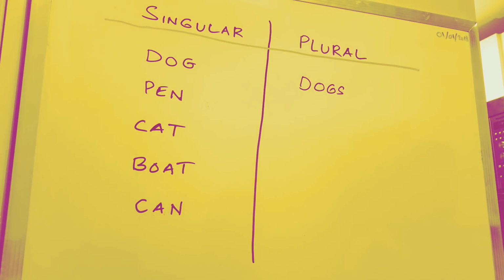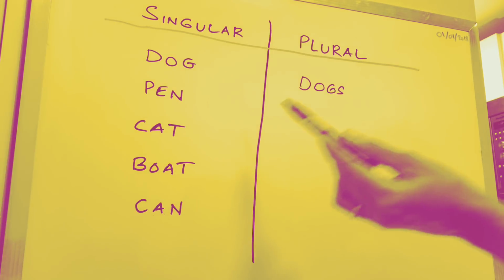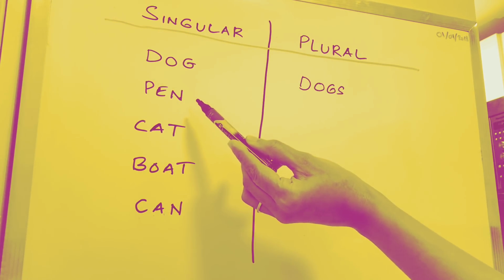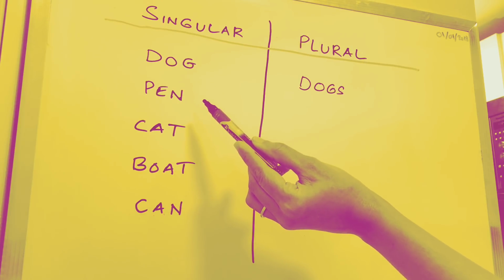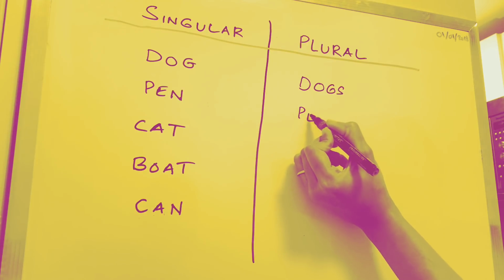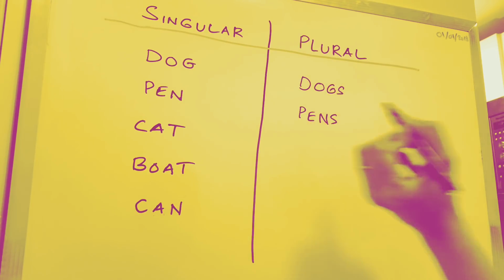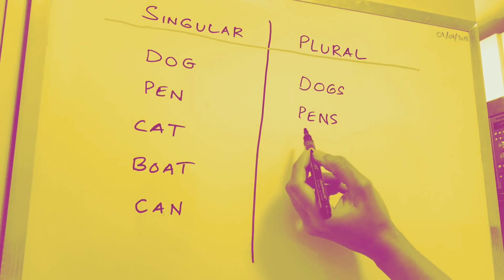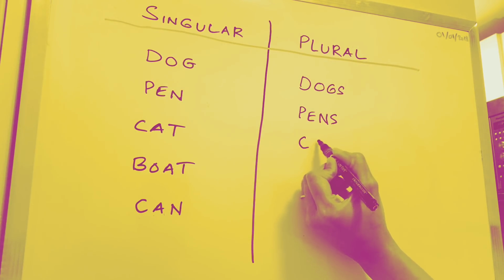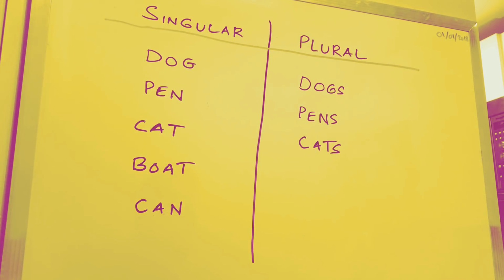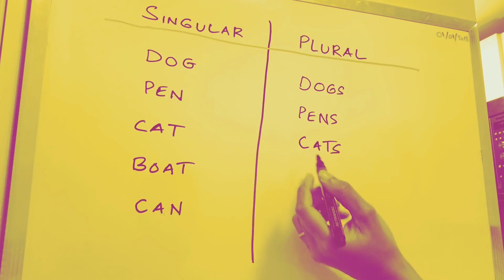Okay. So let's complete the rest. Here we have pen. If we want to write it in the plural, it would be pens. So that means many. Here we have cat. If I wanted to translate that into plural, I would write cats. Then we have boat.